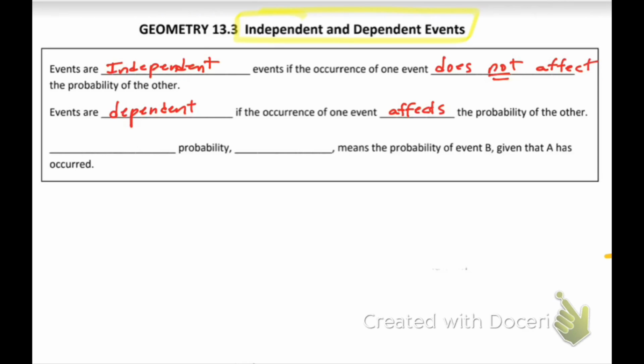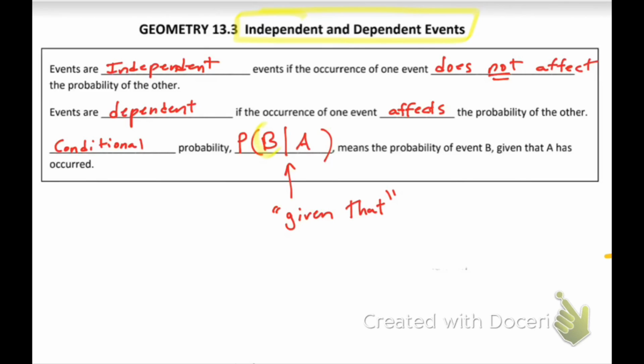And lastly, we have what's called conditional probability, which will look like this. P, so we're going to take the probability of event B given that A occurs. So that bar right there means given that.